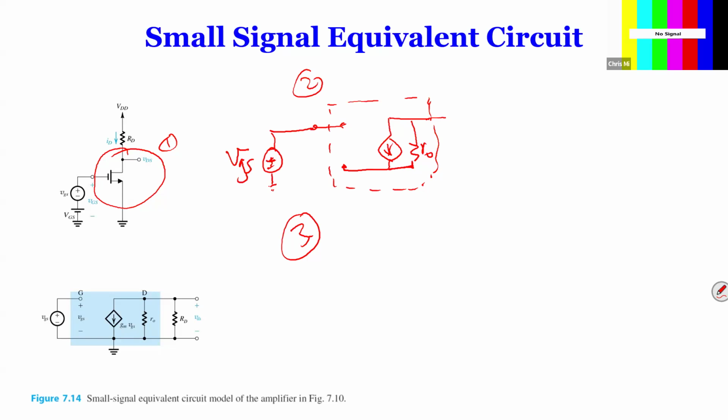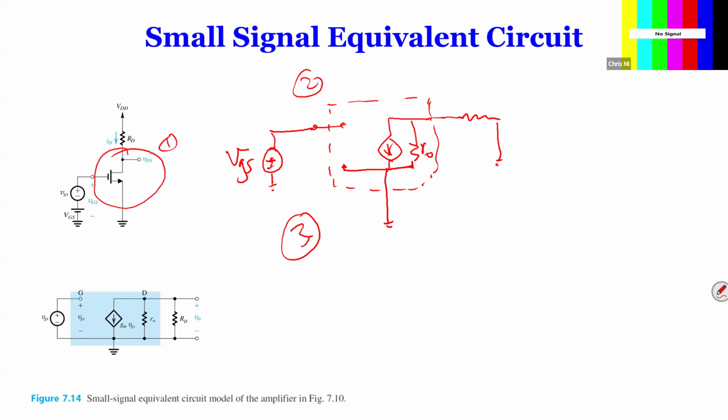And then what is connected to the source? Ground. Simple. And what is connected to the drain? A resistor. And of course, you can connect the resistor this way. And where does the resistor go? Like we discussed, it goes to VDD, and VDD is a ground for AC. Since you do superposition, it goes to ground, right?